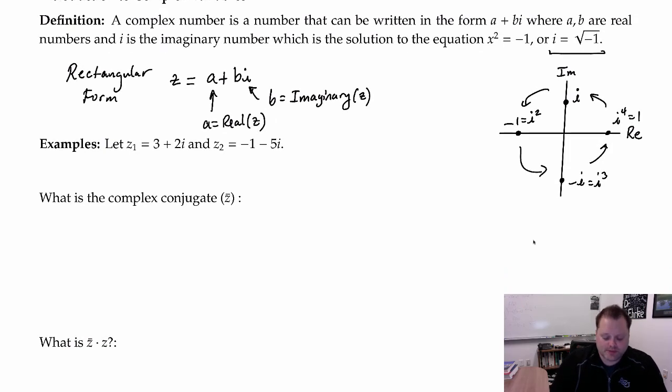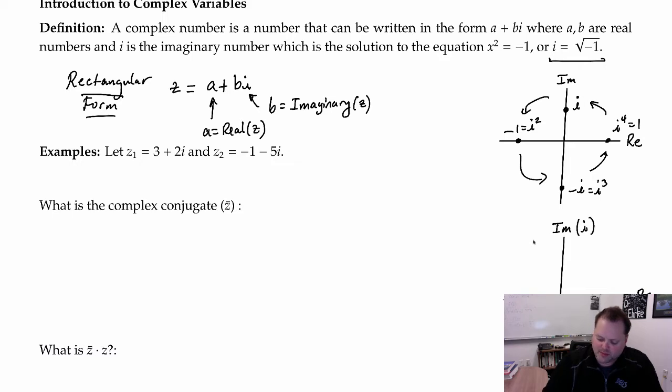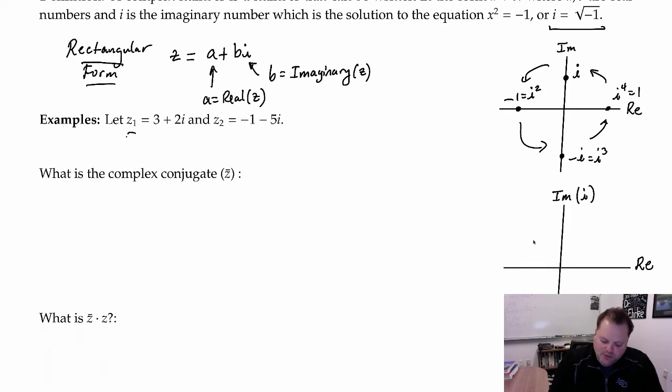I have a couple of examples here of complex numbers we're going to use throughout these examples. The reason this is called the rectangular form is that if you plot these numbers on the complex plane, where the real axis and the imaginary axis are the things multiplied by i, then the number z1, 3 plus 2i, would be 3 and 2, so you plot this rectangularly just like you would in the xy plane.